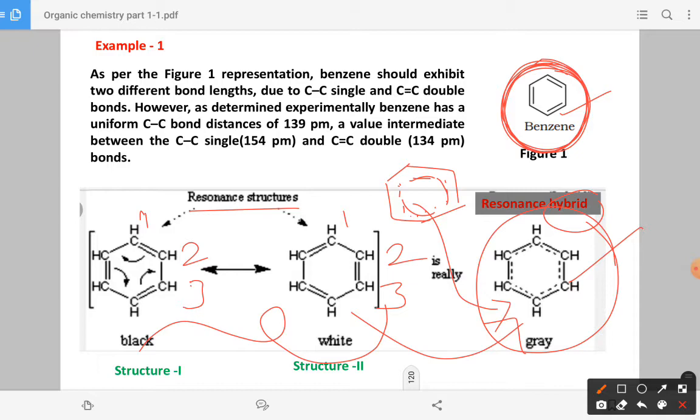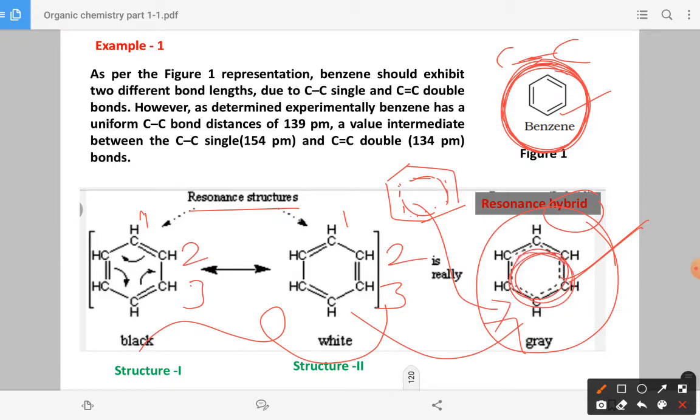So finally, why do we get only one type of bond in benzene, even though it has single and double bonds? Because the pi bonds are not localized. Localized means constant. They are delocalized, meaning they are not constant; they move around all the carbons.